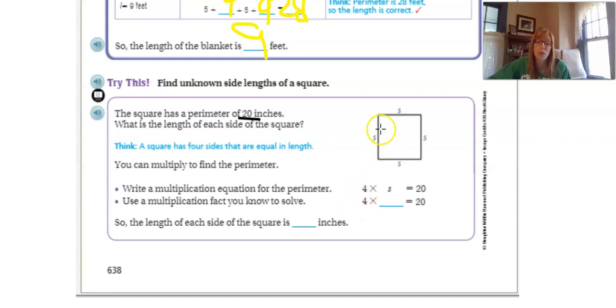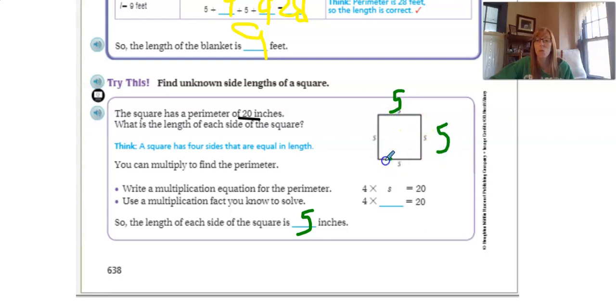So if you do 4 times 5, it's going to be 20. The length of each side of the square is 5, and we can multiply because multiplication is repeated addition.